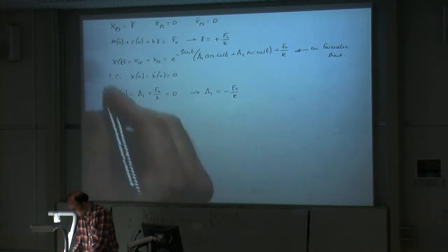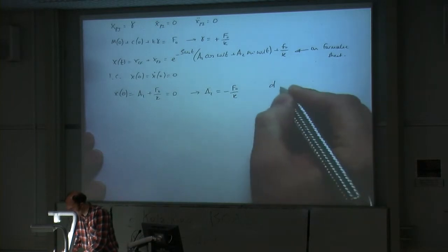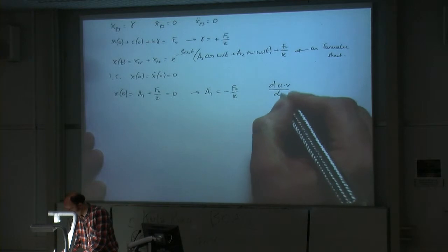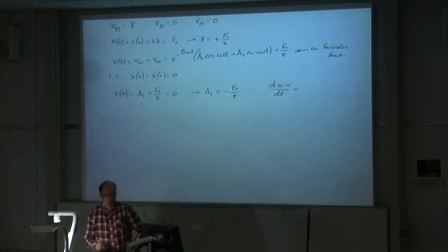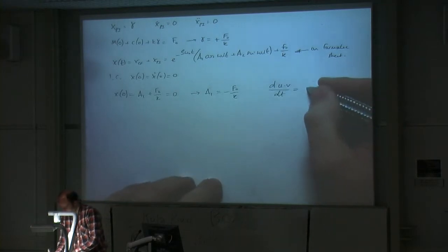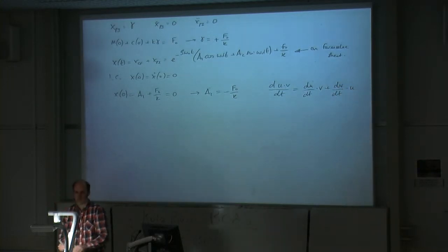Before we do that, let's remember that if I've got two functions of time, u and v, multiplied together, and we take d by dt, we end up with du by dt times v plus dv by dt times u.